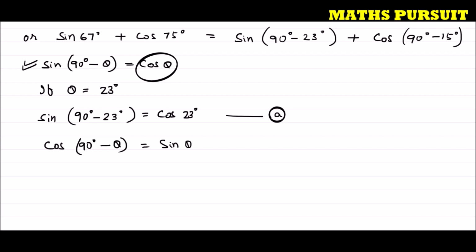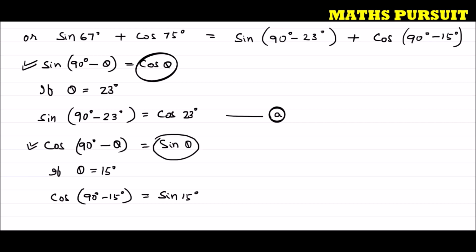If I consider theta equal to 15 degree, then I can write cos of 90 degree minus 15 degree is equal to sin 15 degree. Why? Because of the identity cos of 90 degree minus theta is equal to sin theta. This is what we got. Let us name this one as B.